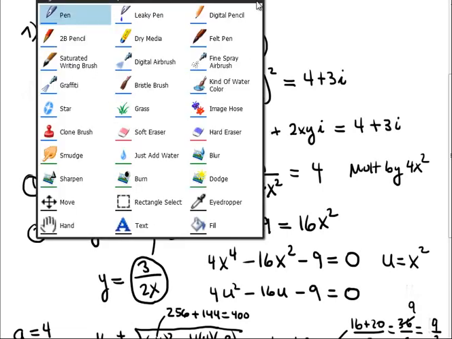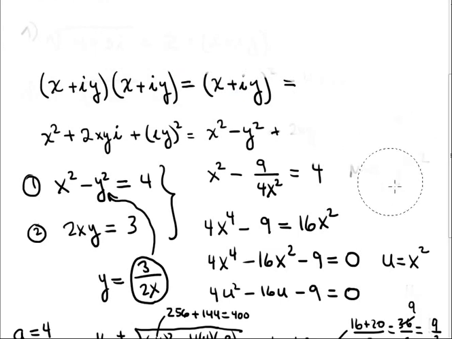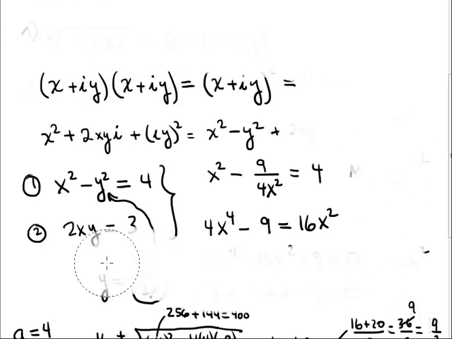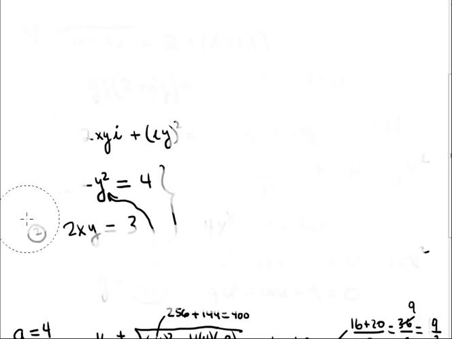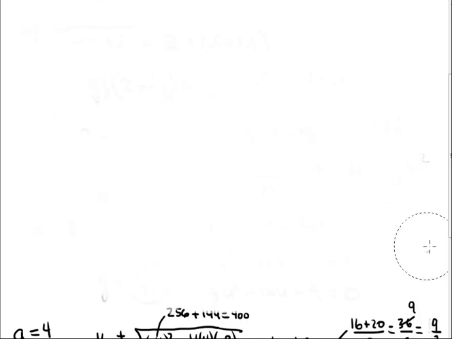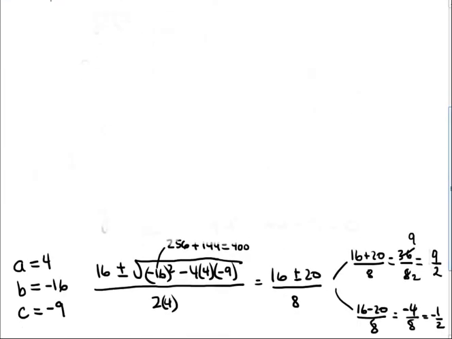So now u is equal to 9 over 2, and u is equal to negative 1/2.